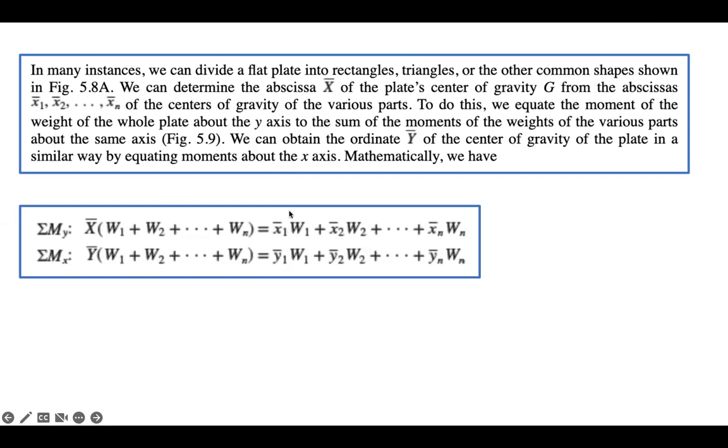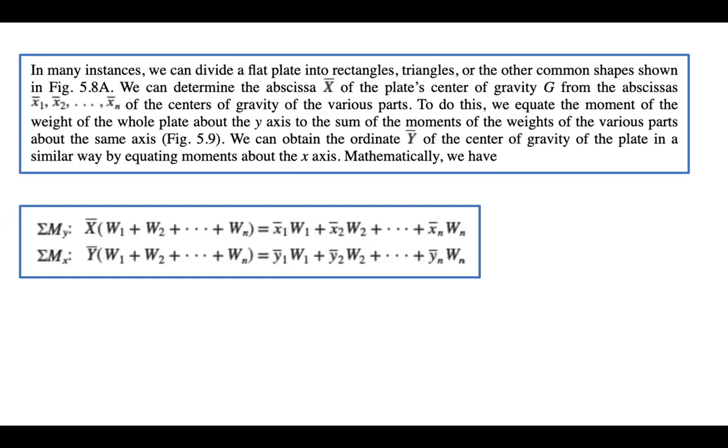To do this, we equate the moment of the weight of the whole plate about the y-axis to the sum of the moments of the weights of the various parts about the same axis. We can obtain the ordinate y bar of the center of gravity of the plate in a similar way by equating moments about the x-axis.